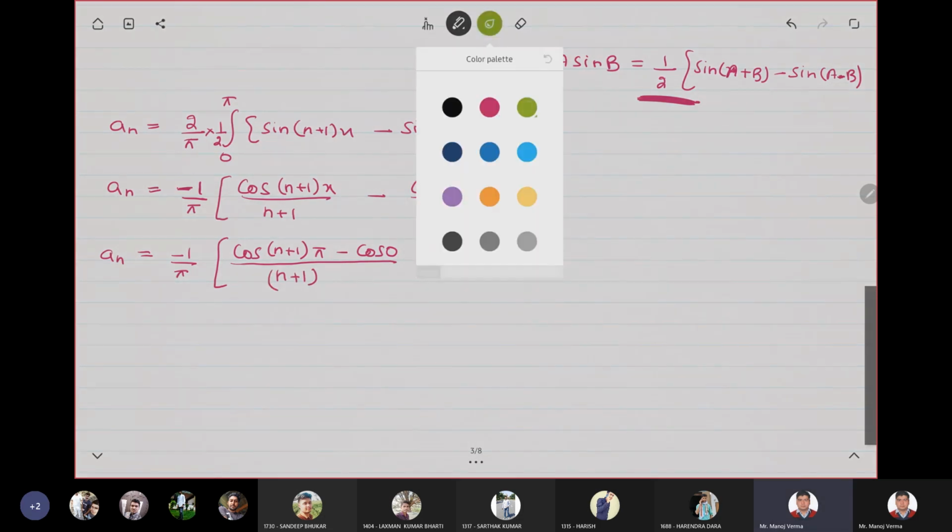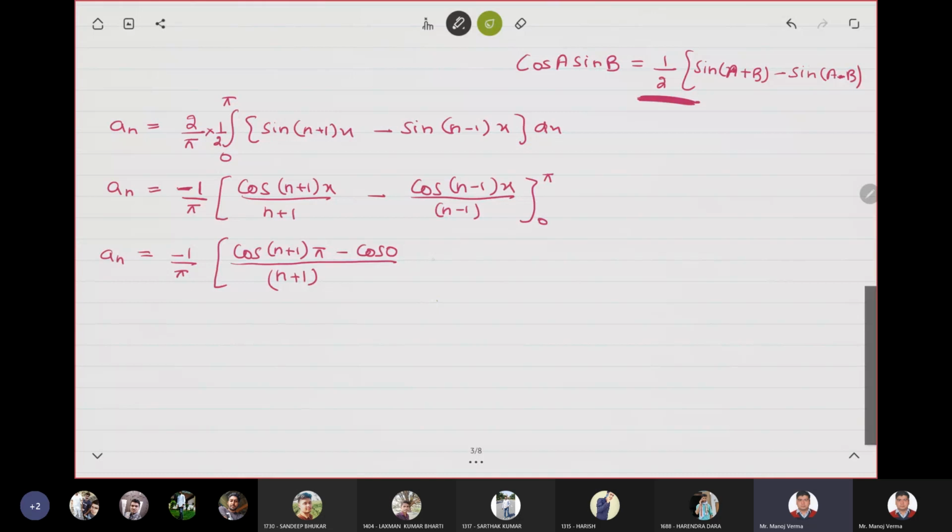This is the result when I insert the upper and lower limits in the first expression of cos (n plus 1)x. Similarly, for the second expression, it will become cos (n minus 1)pi minus cos 0, and in the denominator it will be n minus 1.